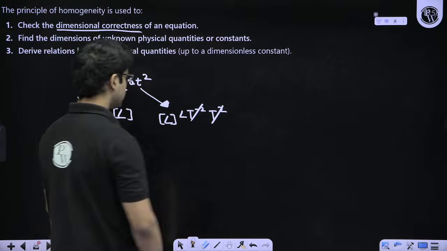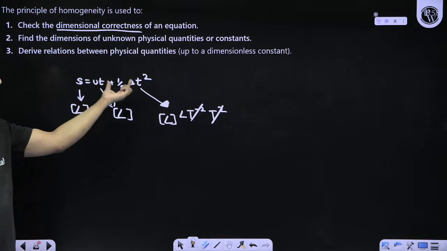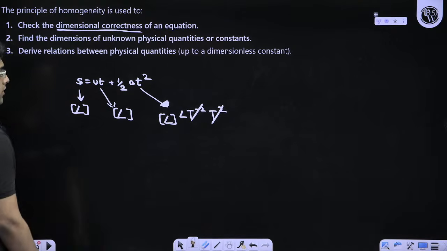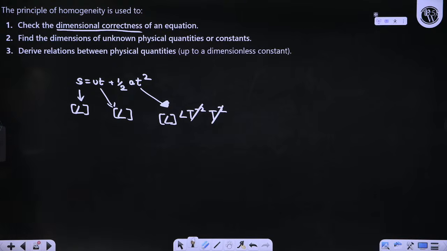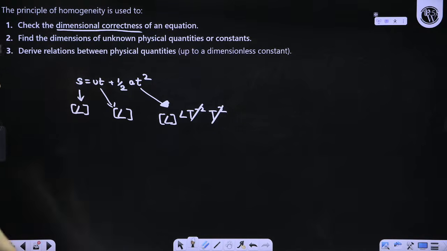So these three terms have length dimension. Of course, it has to, because you can only add a length to another length and get another length. You cannot add a length to a mass. So dimensions are useful in that way because we can check if the equation is correct or if there is something wrong with it.